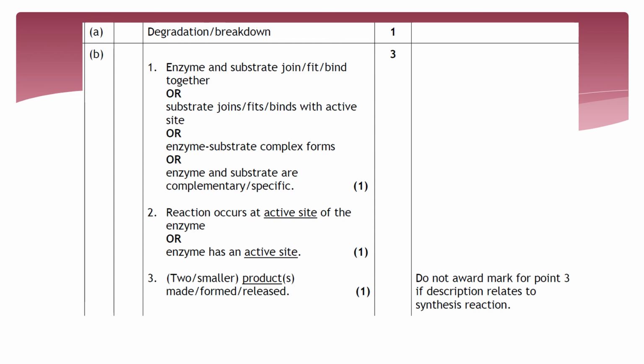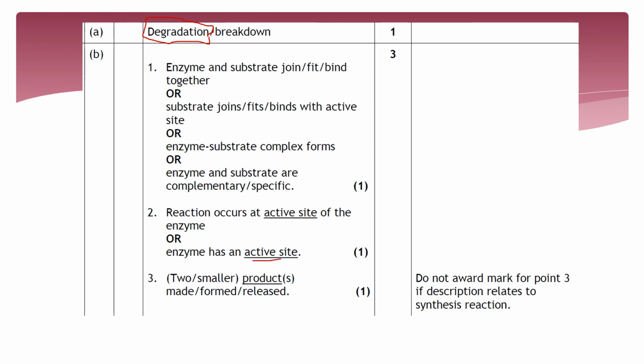For the marking scheme, you've got degradation, breakdown. Try to make sure you use the word degradation. For the second part, you would want to write, first of all, that your enzyme and substrate join together. Then you've got your enzyme substrate complex, and your reaction occurs at the active site, or your enzyme has an active site, for 1 mark.